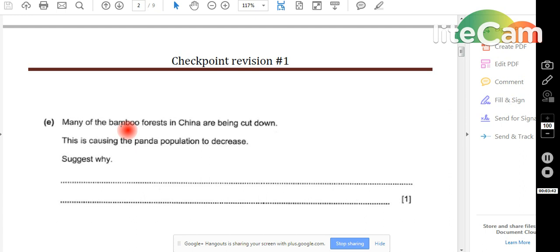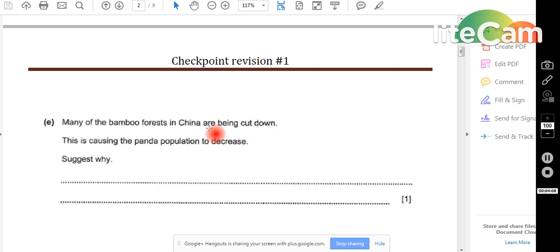This is causing the panda population to decrease. Suggest why. So they're telling you the bamboo forests are being cut down, and they're telling you the panda population decreases. Why? Well, like you said, it's habitat. While the bamboo forests are being cut down, they are losing their habitat.